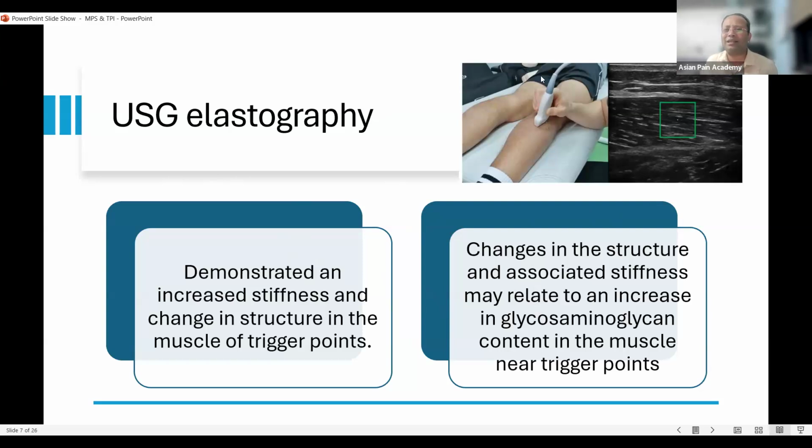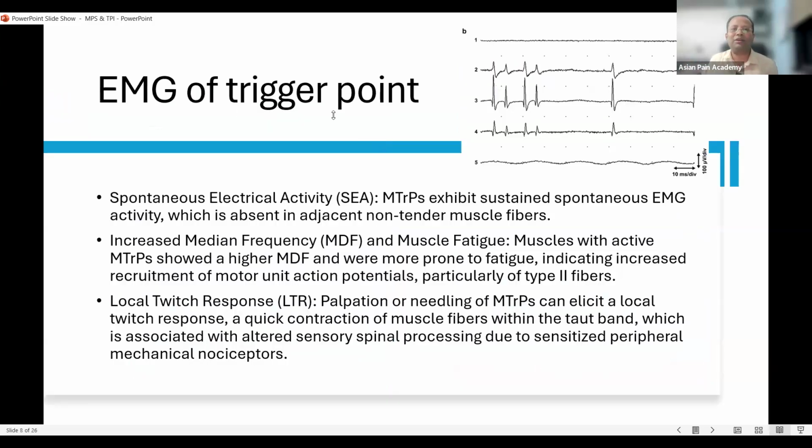Experimental studies are there: if elasticity is lost, then myofascial trigger points are generated more. EMG of the trigger point is also experimental. You cannot order your patient to go and do an EMG of the trigger point. It shows spontaneous EMG activity.